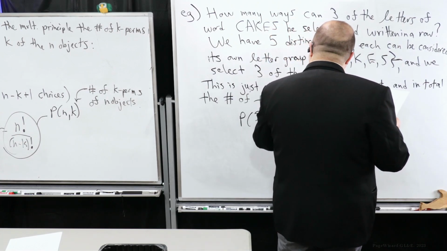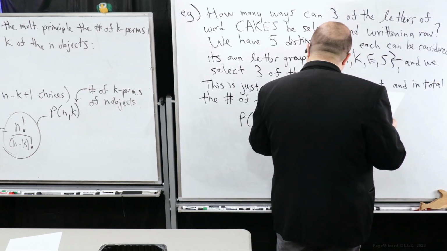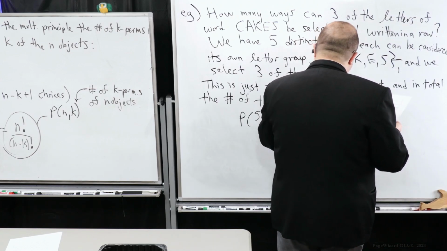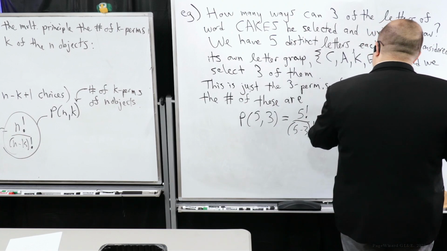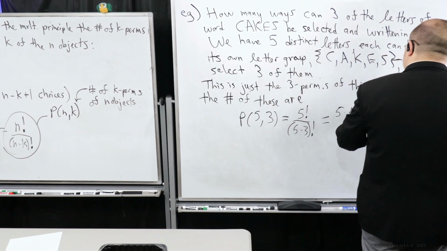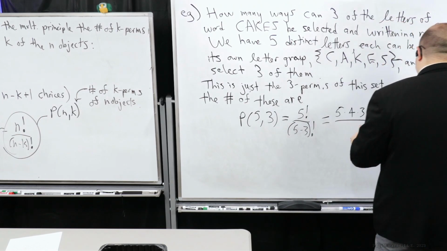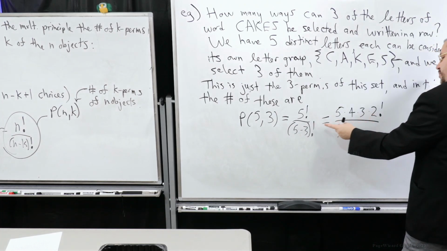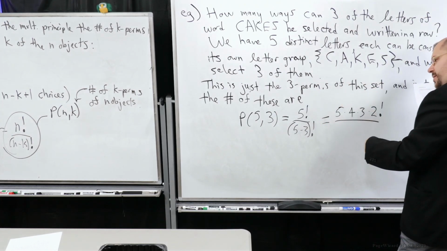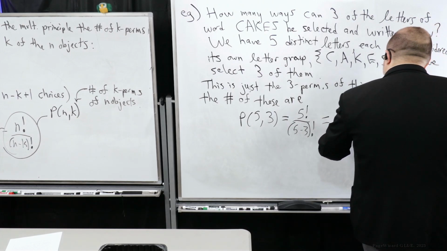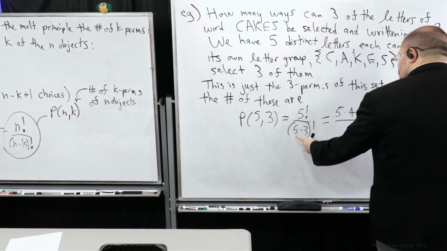So that's 5 factorial over 5 minus 3 factorial, which is 5 times 4 times 3 times 2 factorial. Usually the trick is you write it out until one of the largest factorials of the denominator appears. Then you can cancel them over 2 factorial, because 5 minus 3 is 2.